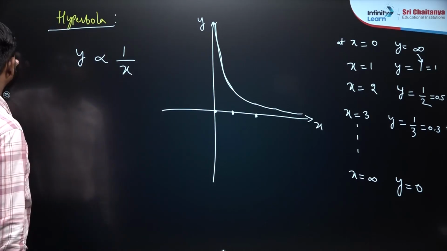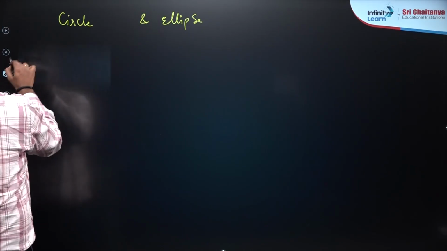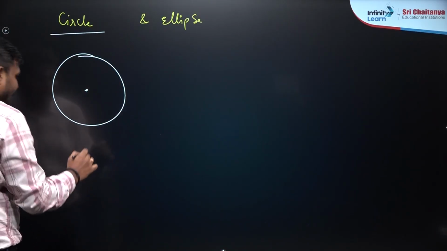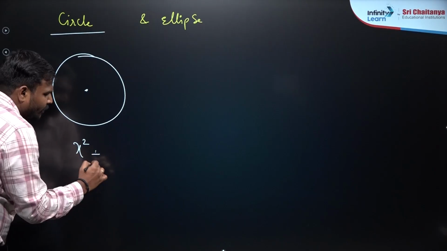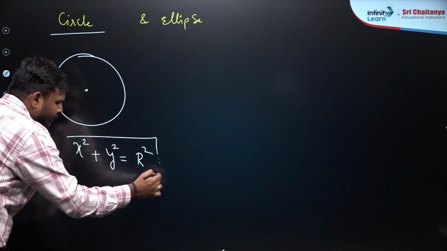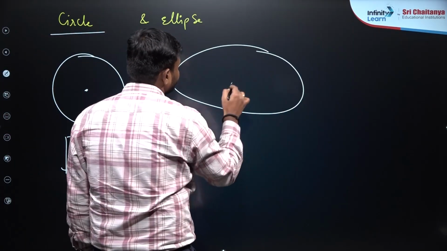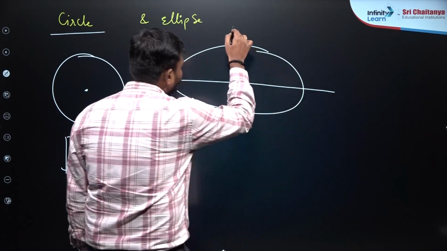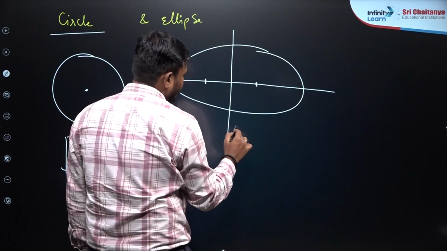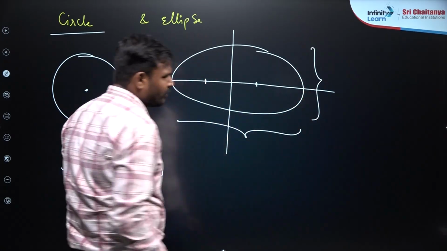Next, followed by circle and ellipse. So in circle and ellipse, both the powers, the equation of a circle is x square plus y square is equal to r square. And equation of an ellipse, in ellipse we have two focus, focus 1 and focus 2, and the horizontal diameter will be different, the vertical diameter will be different.